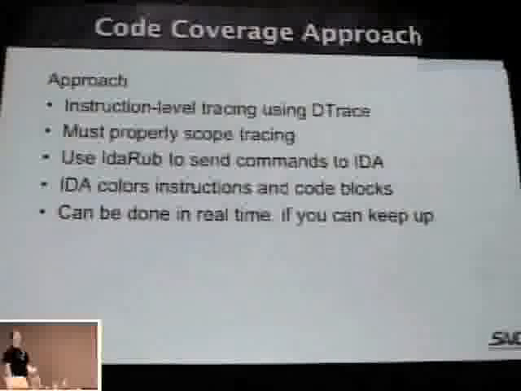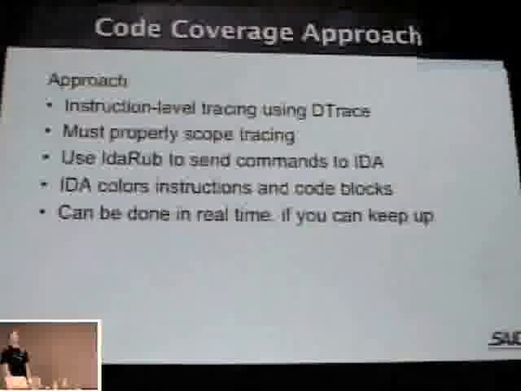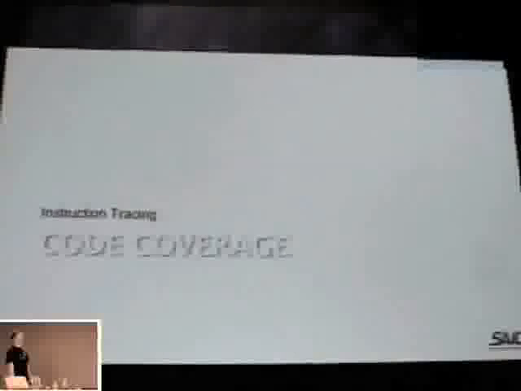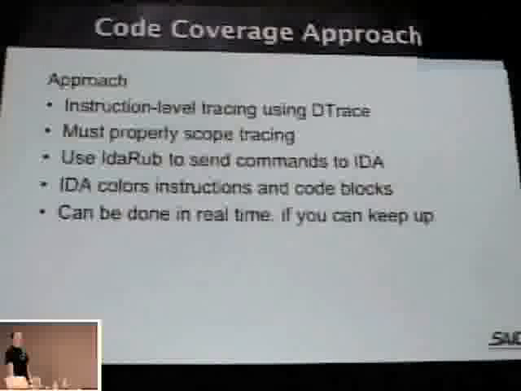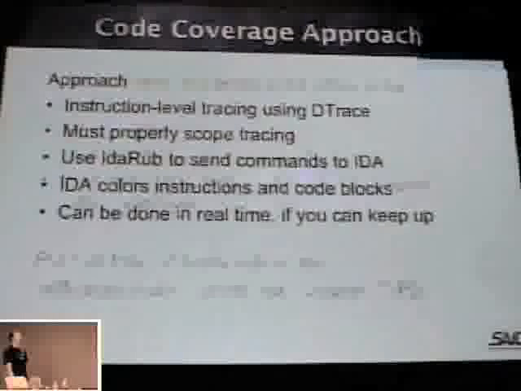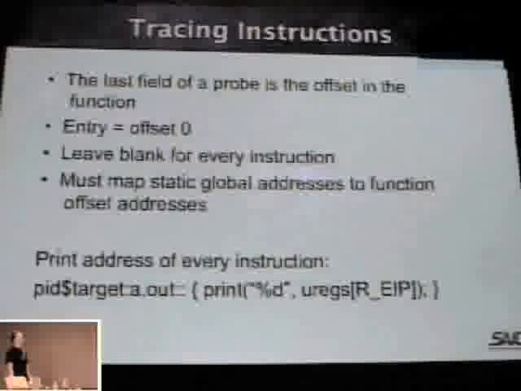This is actually pretty simple, right? We just write a Dtrace script that traces every instruction in the application. That can be pretty thorough. You usually want to do all the instructions in one library or something like that. It can highlight what's being run in IDA in real time through the IDA Ruby connector, if you can keep up with that.